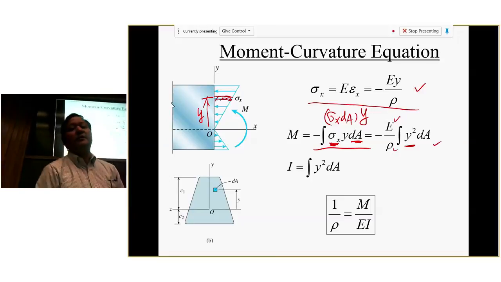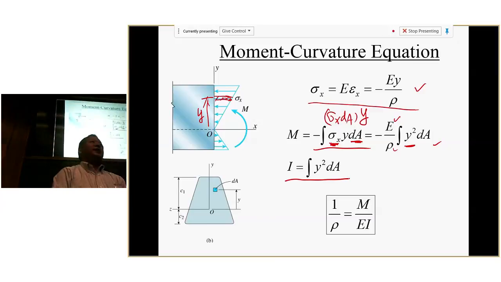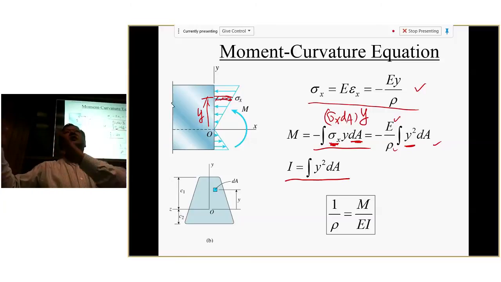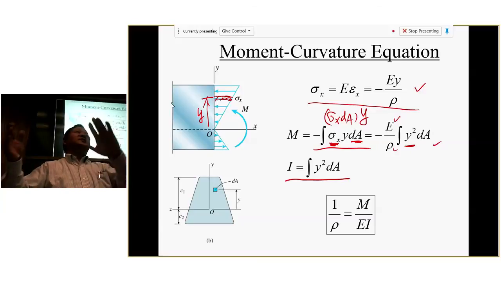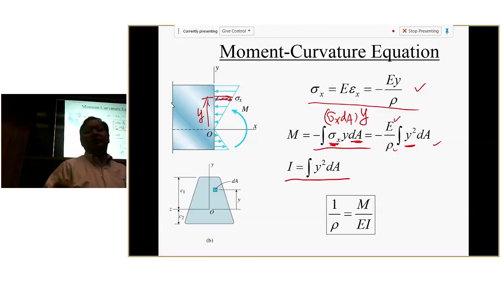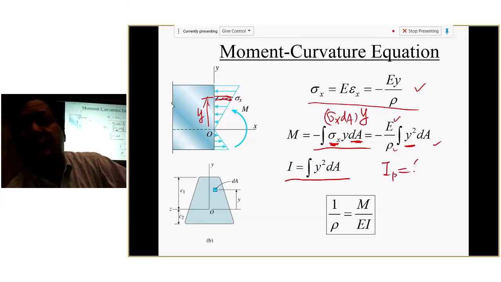So what's left here, the integral of y squared dA, we call I. Actually, we already defined it a long time ago in statics. What do we call it? Anyone recall? Moment of inertia. It's similar to the polar moment of inertia we talked about earlier in chapter 3.